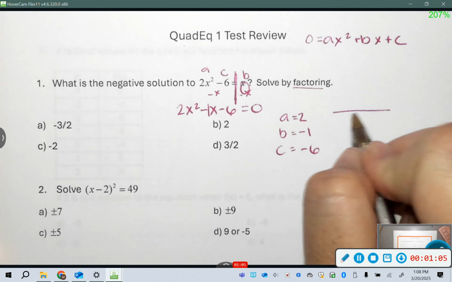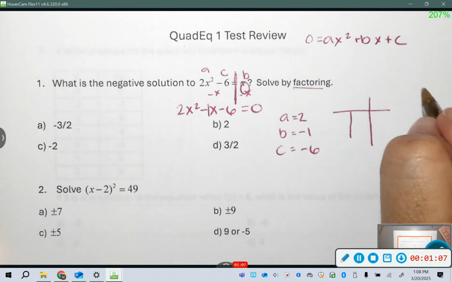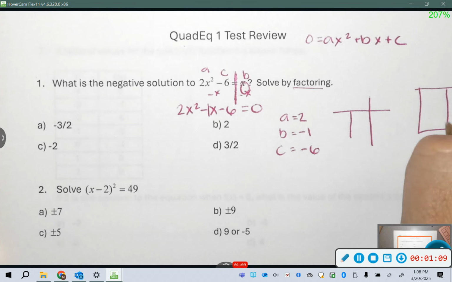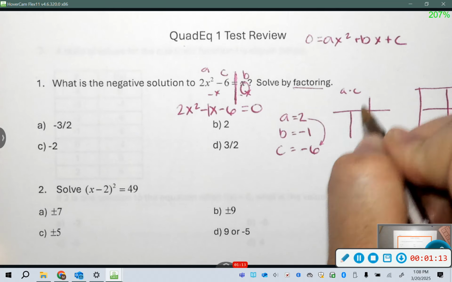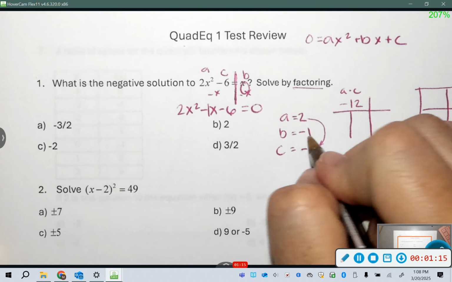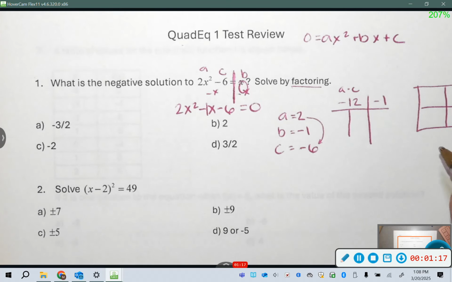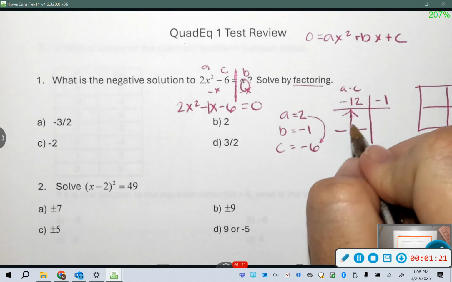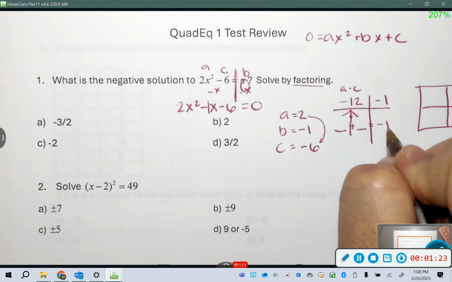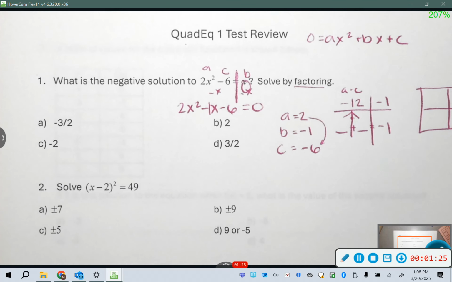Okay, I'm going to build my table, and I'm going to build my box. So I know A times C goes here, which is -12. B goes here. And I need to figure out what multiplies to give me -12 but adds to give me -1. So that's where my calculator comes into play.